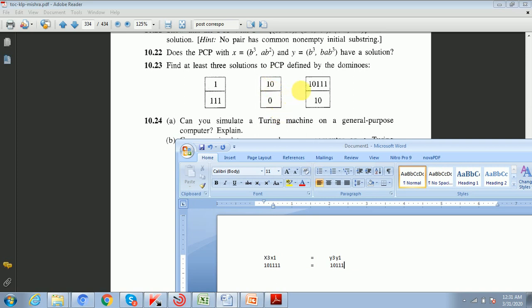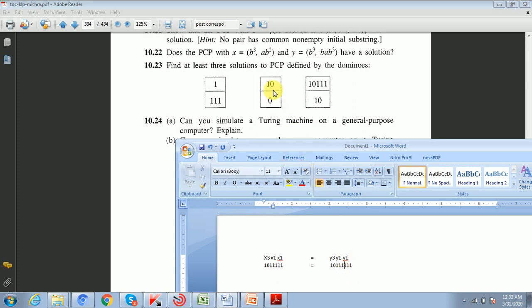If you take y2, it also will never be a solution. So once again, obviously we should repeat x1, 1. So the corresponding y1 we should take, so one more 1 will come. Y1 means triple 1. So now if you observe, the LHS side is 5 ones and the RHS side is 6 ones.